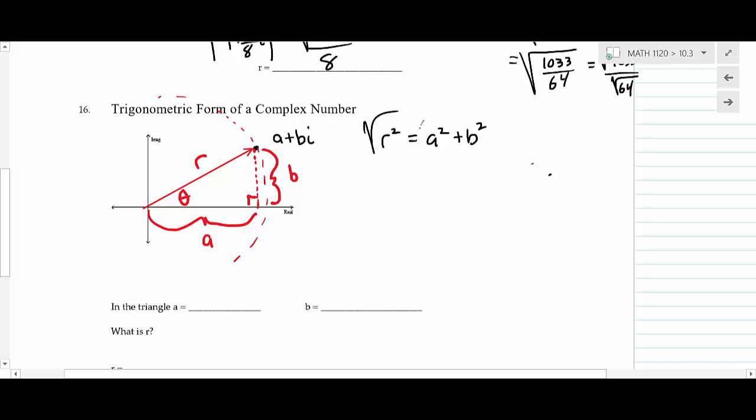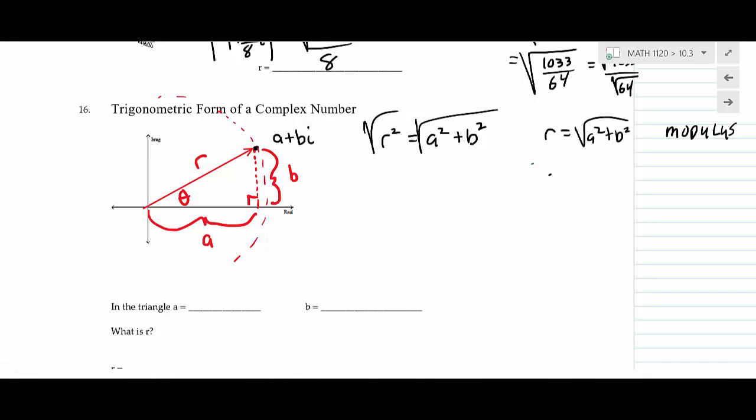So we take the square root, and we end up with that. That's just the radius. Now R equals this, and that part right there is called the modulus of the complex number. That's really giving the absolute value of the complex number, like we just got through talking about.